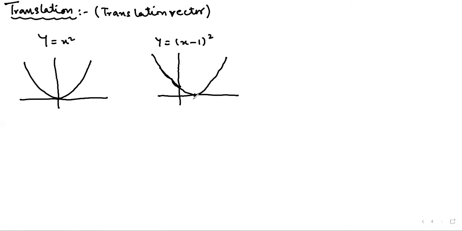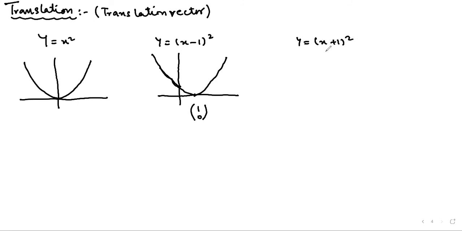Okay. And what about the x coordinates? How many units has the curve moved towards right? 1. And what should be the column vector for this change? It will be 1, 0. Very good. 1, 0.